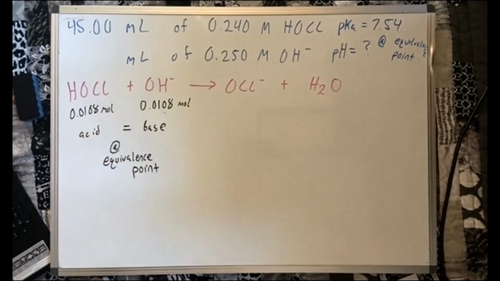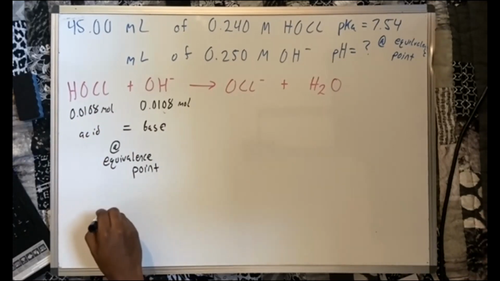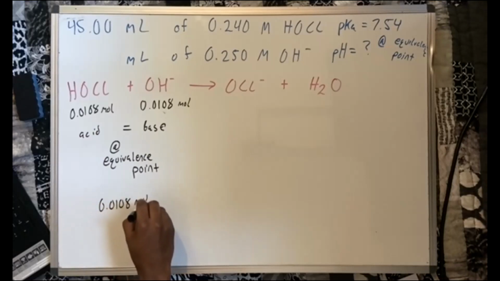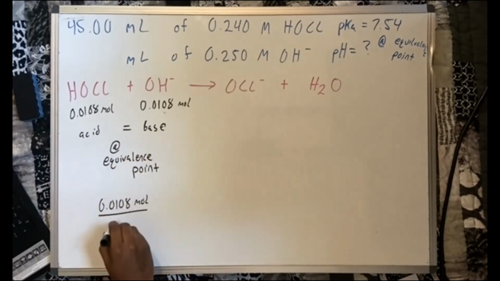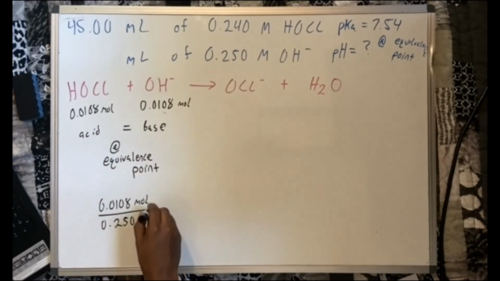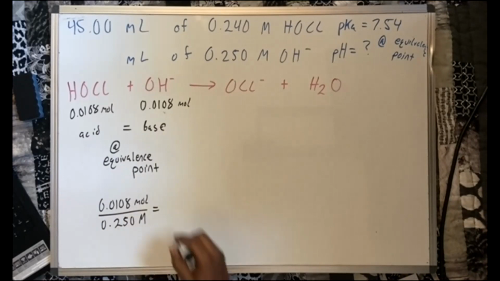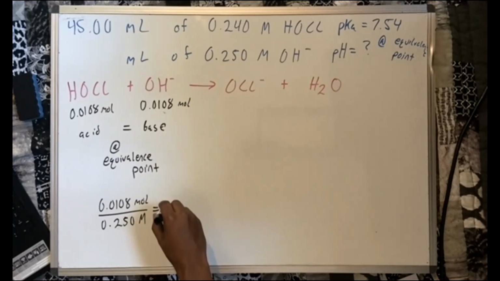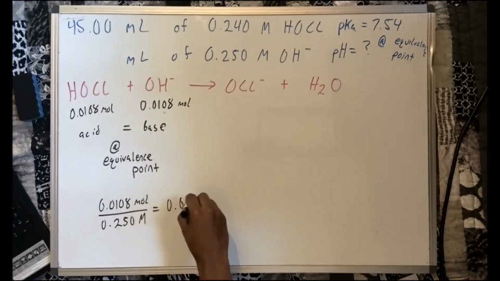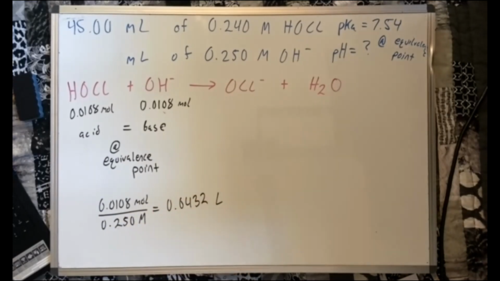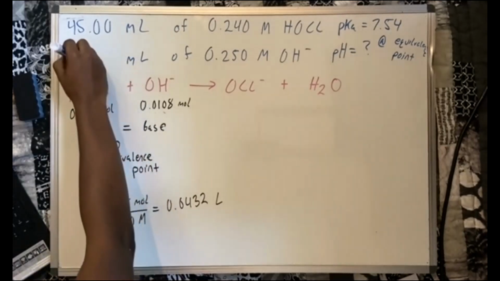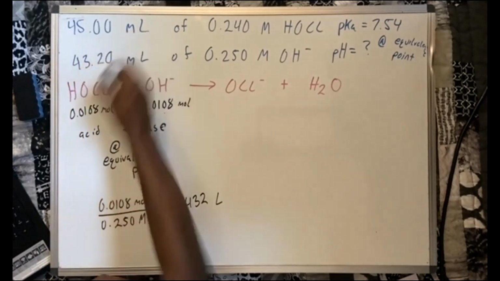So 0.0108 moles. Molarity is moles over liters, so I take 0.0108 moles divided by my 0.250 molarity, and I get my volume, which is 0.0432 liters, or 43.20 milliliters.